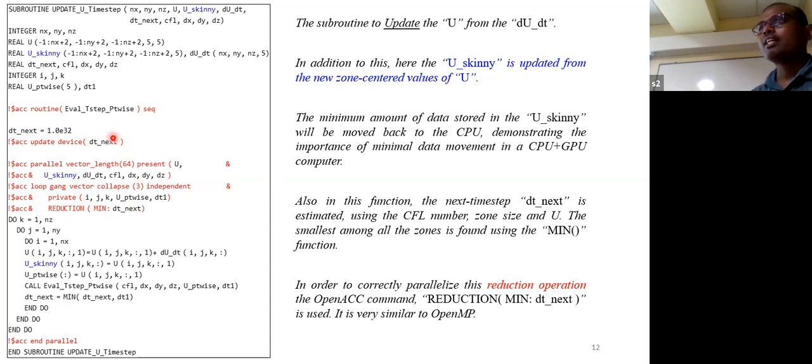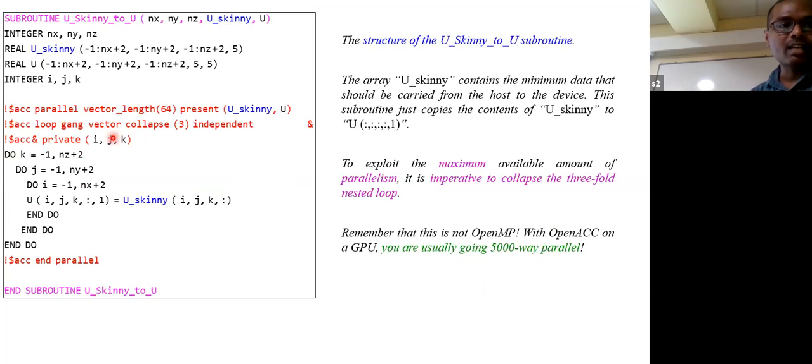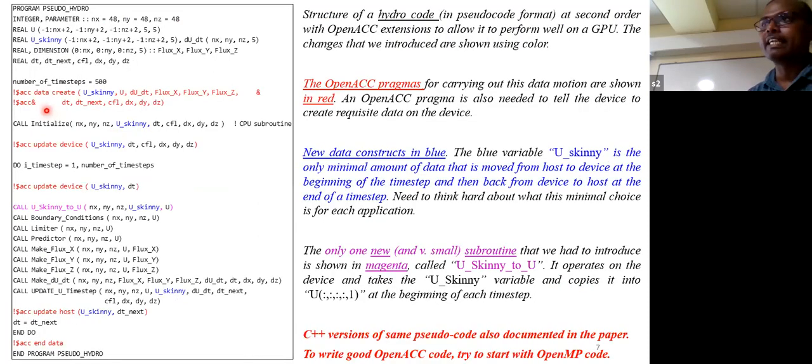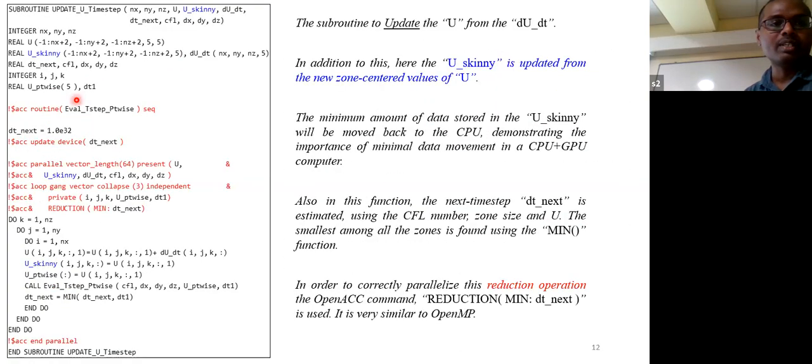Why? Because we created the dt next, and the dt next is already present on the GPU because we did the data create. So it will not complain. So we have to be conscious about updating the device on the dt next. This can be a potentially buggy situation when you do the coding.